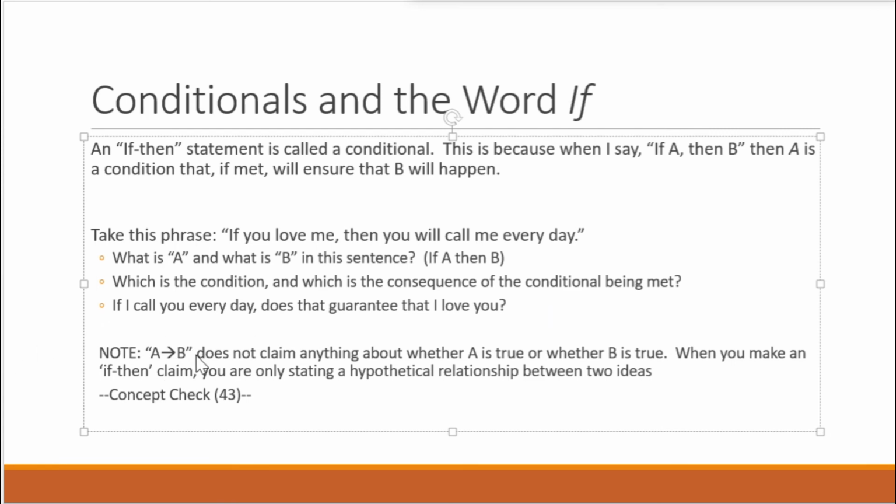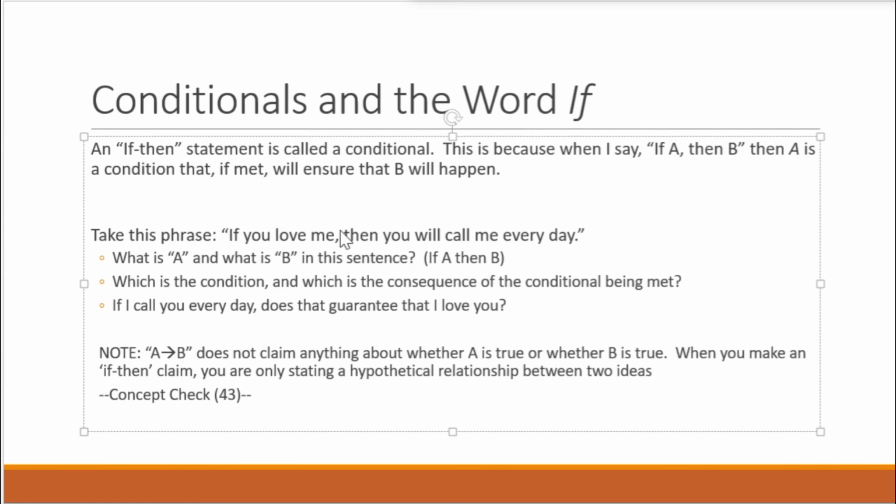So the last thing that we need to point out here is that this statement, if A then B, does not claim anything about whether A is true or whether B is true. So when you make an if-then statement, you're not saying anything yet about which of them are true, if any. The only thing you're saying is that there's a logical connection between A and B, such that if A as a condition is met, then B will happen, right?